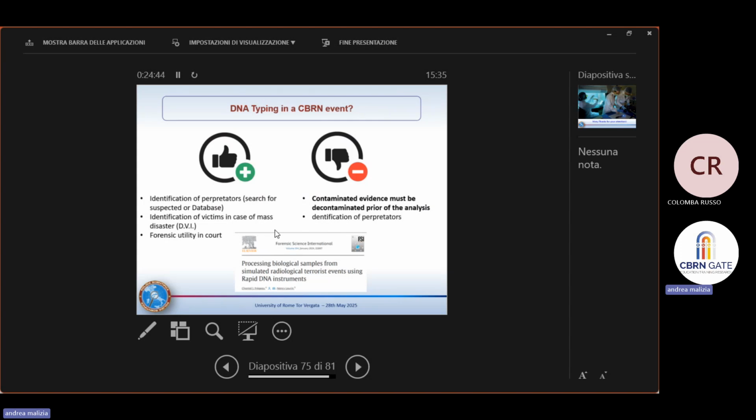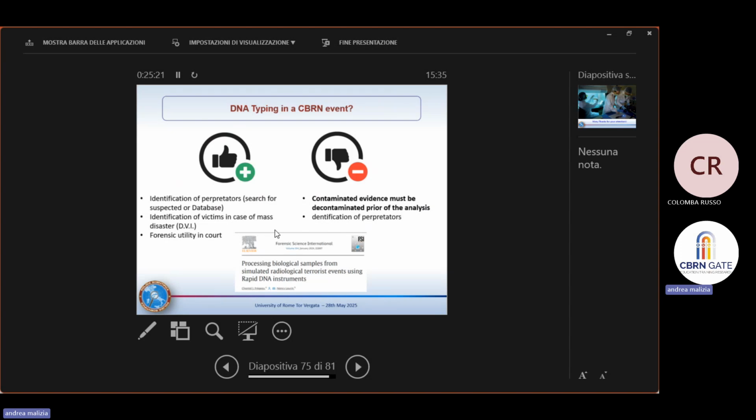Usually in the lab we receive envelopes in threat cases, where envelopes of mail are sent to someone to threaten them. Sometimes you have powder or substances, maybe with writing such as anthrax, but sometimes they are not anthrax, of course.